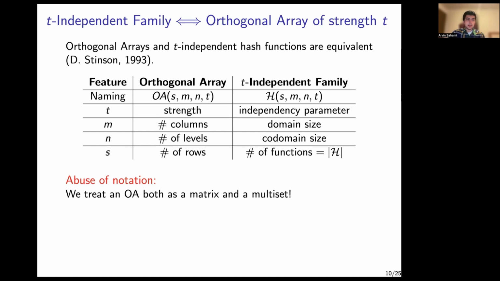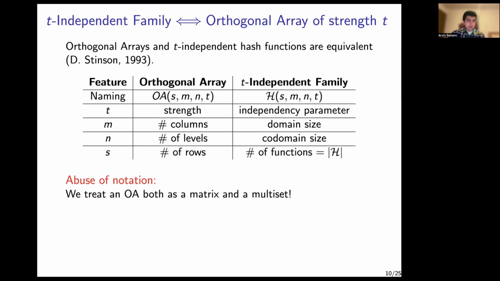In this video, I'll be referring to the independence parameter of the t-independent family, which corresponds to the strength of the orthogonal array, by t. The number of columns in the orthogonal array is going to be denoted by m, which corresponds to the domain size of the t-independent family.